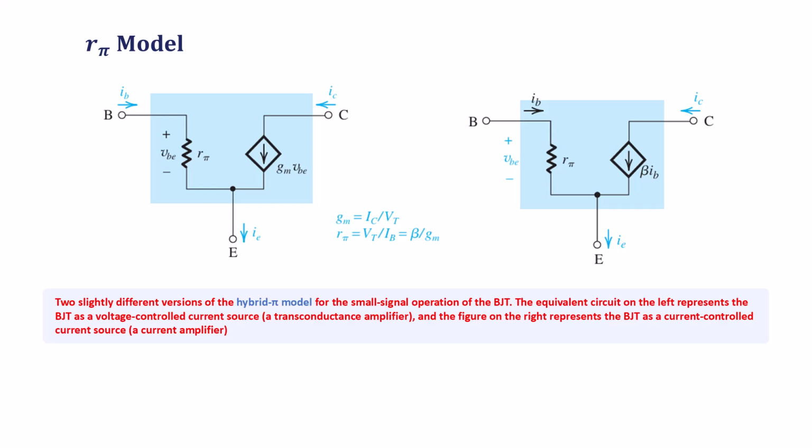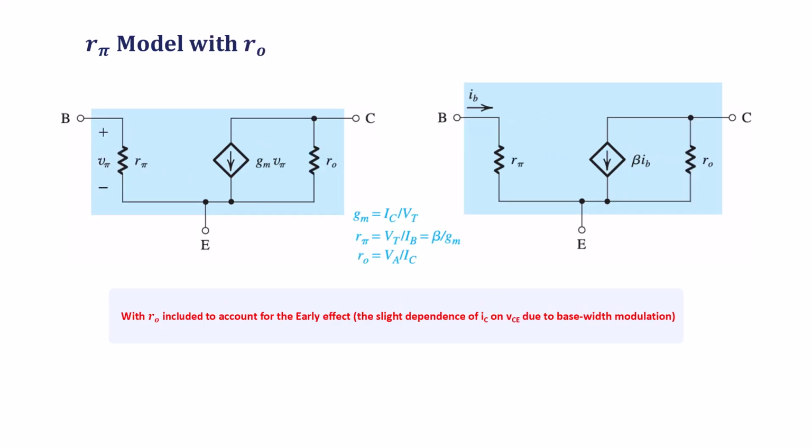On the right, it's shown as a current controlled current source, a current amplifier, where the source is beta times Ib. In both versions, R-Pi sits between base and emitter, defined as Vt over Ib or beta over Gm.